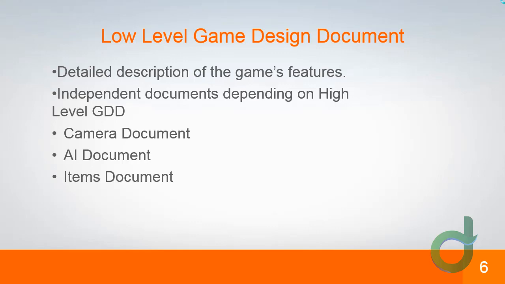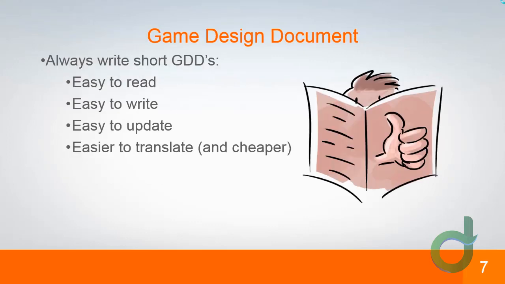It's really important when you're writing a GDD, that's short for game design document, to make it easy to read, and the way to make it easy to read is to make it shorter. A short game document is easy to read and is easy to write too, because you don't want the team to spend too much time reading your thoughts about game design or your ideas about anything.